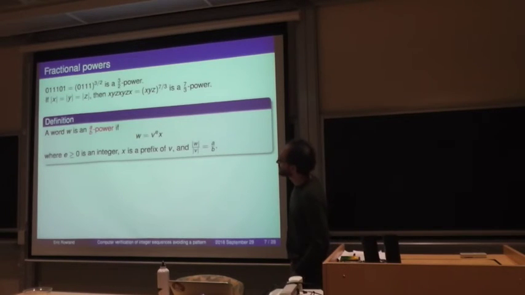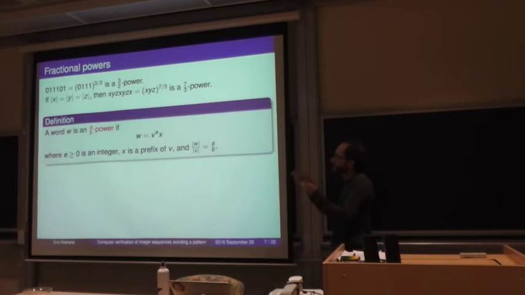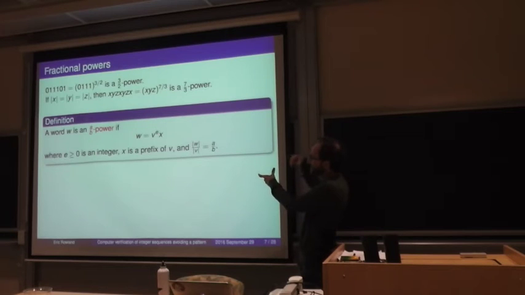So 0 1 1 1 0 1 is 0 1 1 1 raised to the 3/2, because it's 0 1 1 1 followed by the first half of that word. Similarly, if you have 3 words x, y, and z that have the same length, then the word x, y, z, x is a 7/3 power. It's x, y, z, and then the first third of the original word.